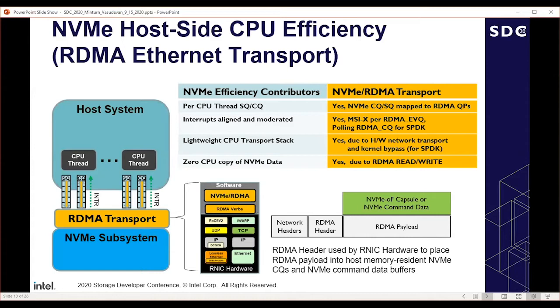Lightweight transport stack: the RDMA NIC actually has the transport stack in it, and it uses that, for instance, either with UDP with RoCE or with TCP with iWARP, and it provides a very lightweight interface called verbs, which is how the NVMe RDMA transport talks to that RNIC hardware. So it's very efficient in that sense, and the stack is offloaded.